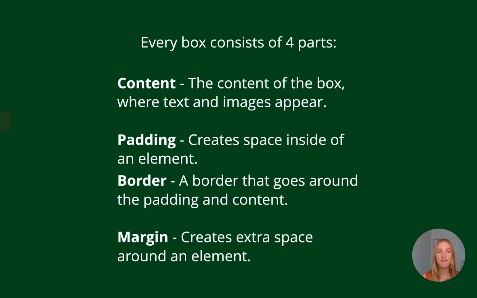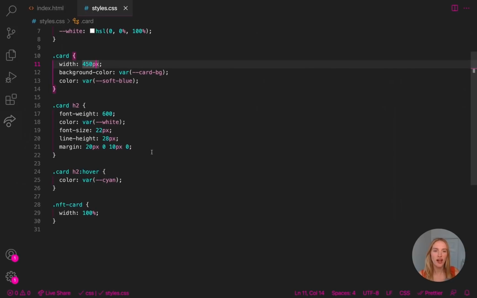And lastly, you have the margin, which we've previously talked about. Margin creates extra space around an element. This is called the box model in CSS. For every single element on your page, you can think of it as a box with these 4 parts that you can modify.